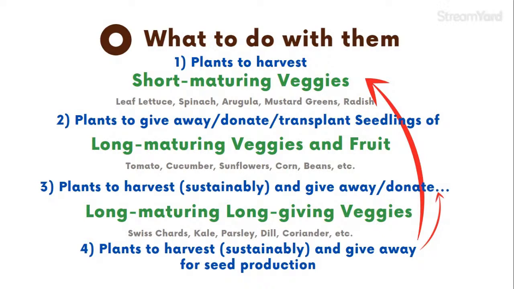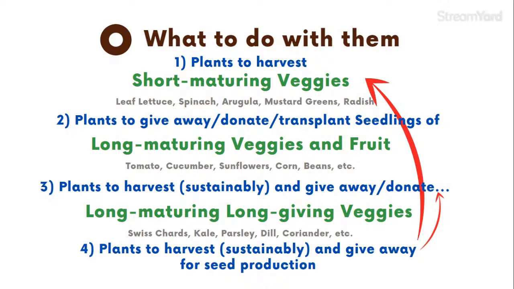And there are also plants that are long maturing, but they are so giving and they're long giving. So at the end of the school year, you could sustainably, or another name for it is responsibly, harvest from those plants. Don't take the entire thing, and the plant keeps growing and keeps giving.